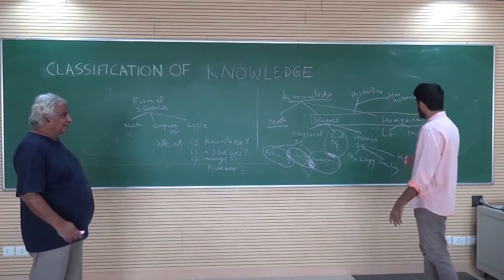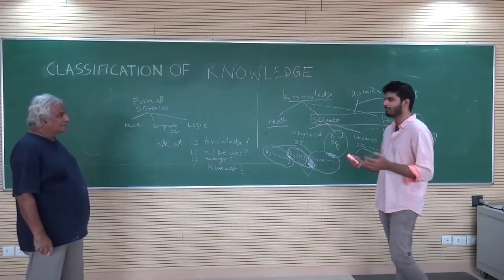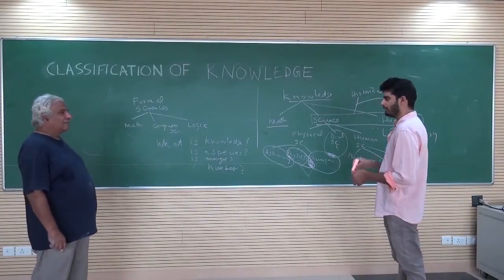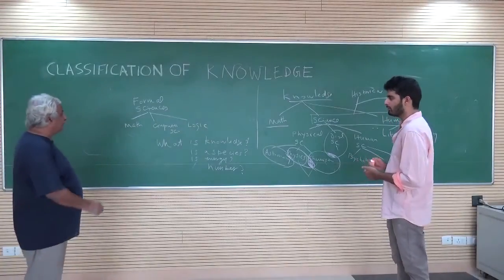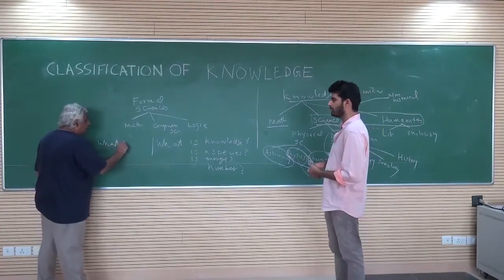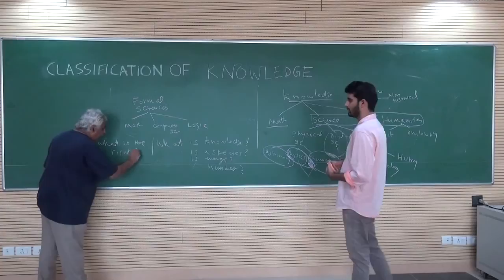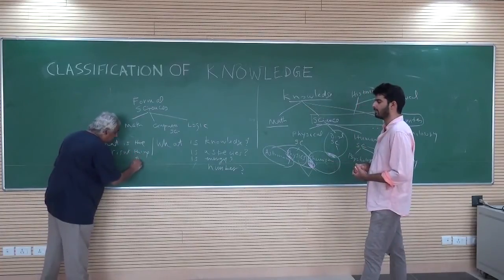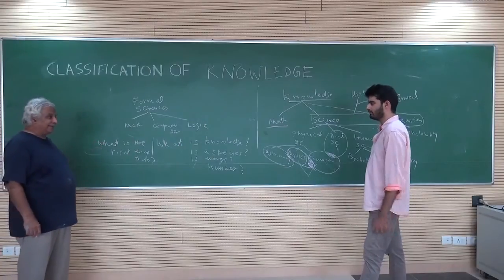Okay. But then I've also seen things like ethics, and all of that. Where does that come? That's also under philosophy? Ethics also comes under philosophy. So instead of asking what is knowledge, you could say what is the right thing to do. That's studied by ethics.